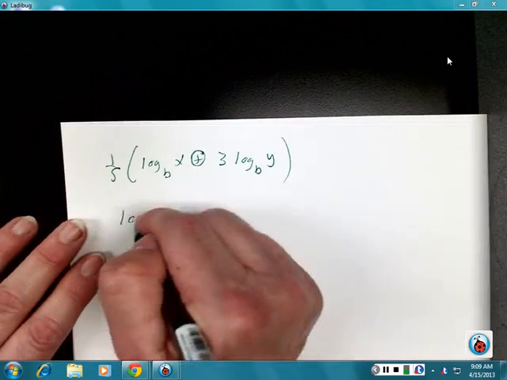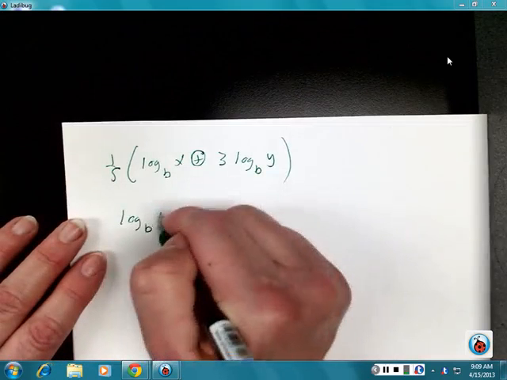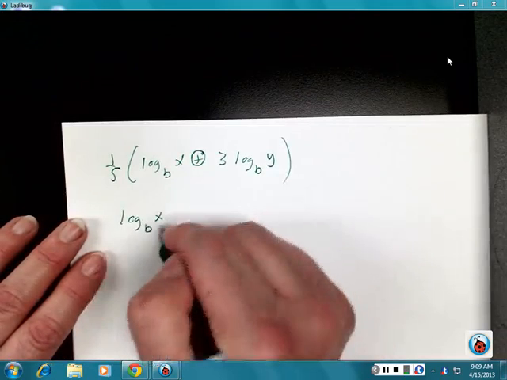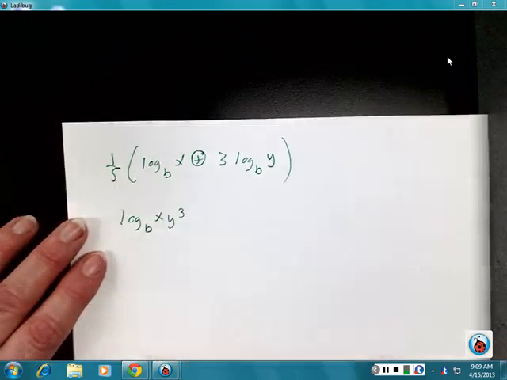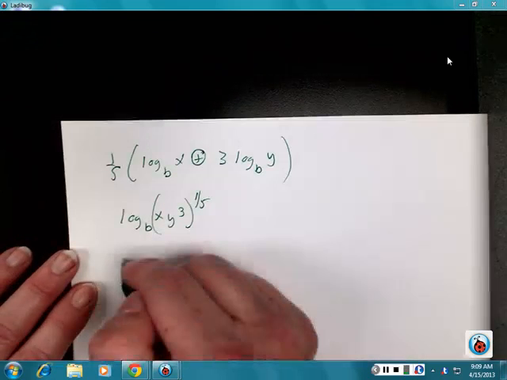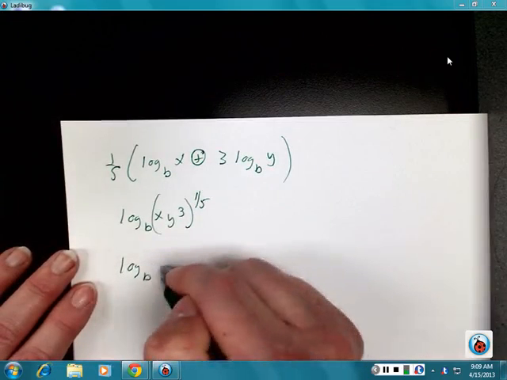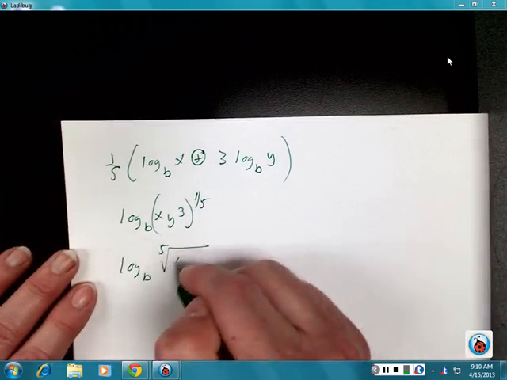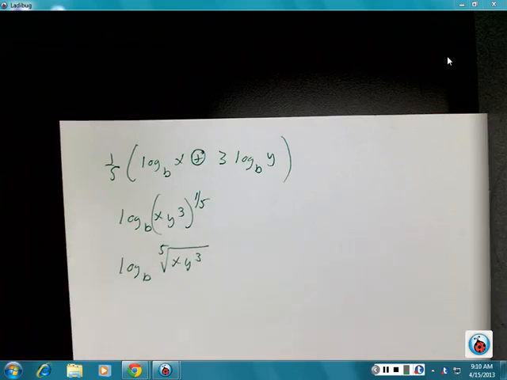So this one is log b x y to the 3rd, and all of this is raised to the 1/5. So really this is log b, the 5th root of x y to the 3rd, and that's all you can do to it, because I don't have to rationalize a denominator in that case.